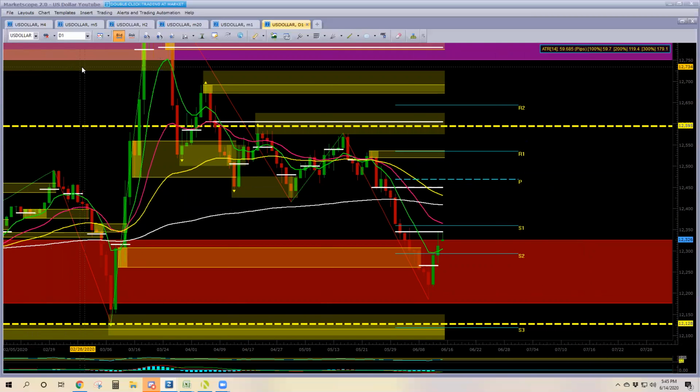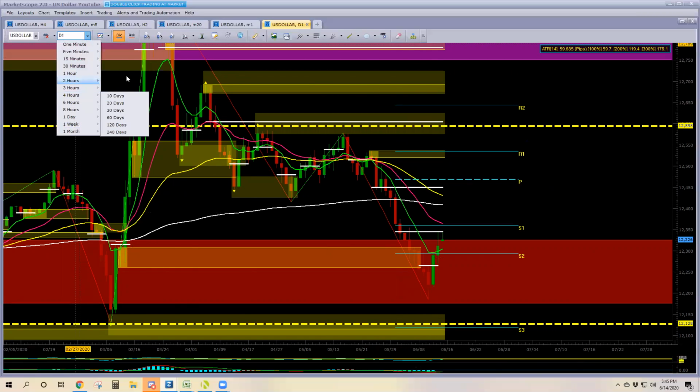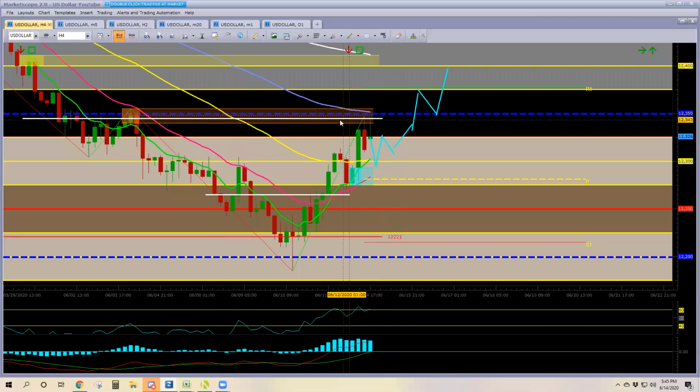Yes, we did get a bullish candle, but we have no way to tell that, hey, this is the bottom, let's start buying. The reason is that we have a strong level of resistance and 4 hour higher time frame supply around this 350.